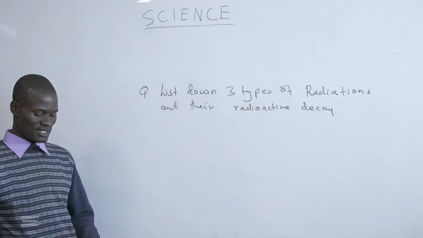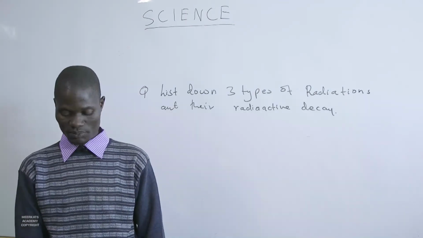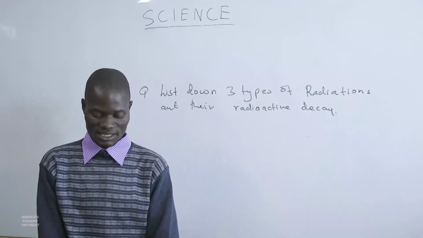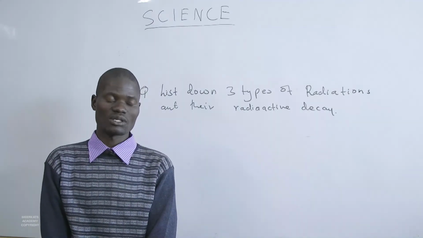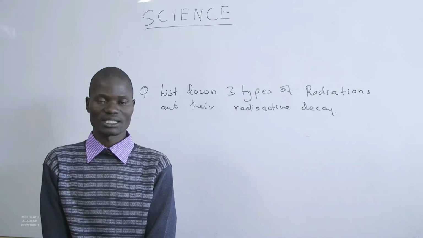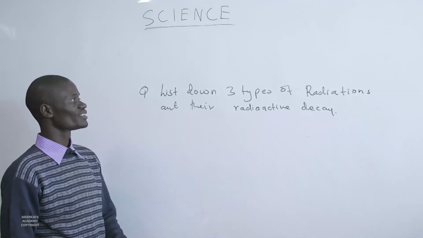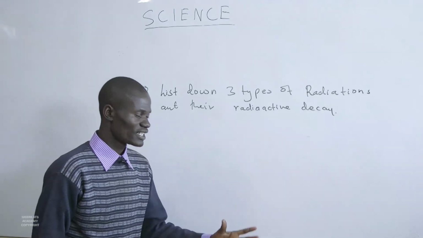This is our question to summarize the whole topic of radioactivity under the Earth's fragile crust. We have looked at various concepts of geological period and radioactivity. Having looked at all these, you simply have to list down 3 types of radiations.